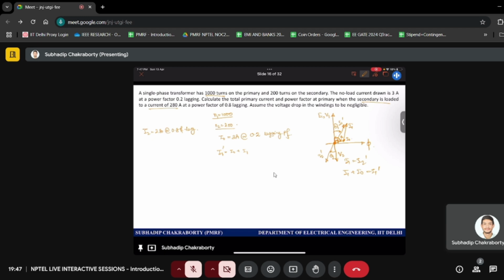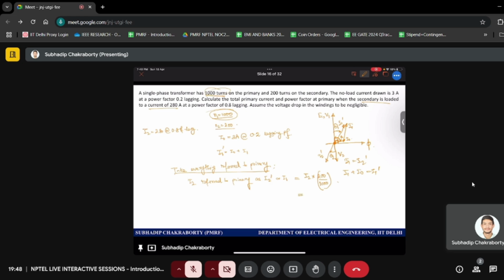So if I try to take everything with respect to the primary, I2 referred to primary, as I2 dash or I1, can be written as I2 into 200 by 1000, because on the higher turn side the current will reduce, right?